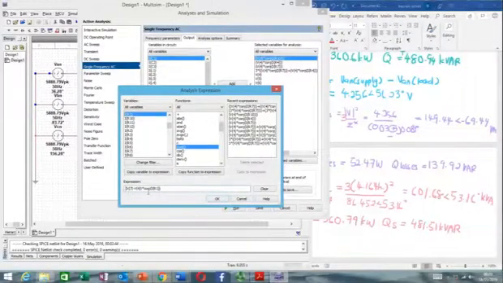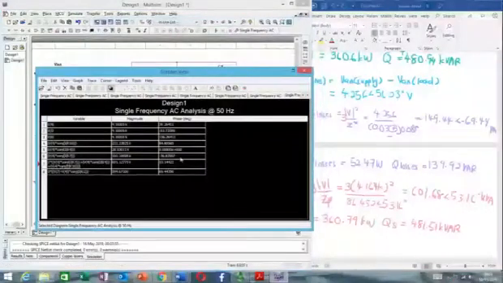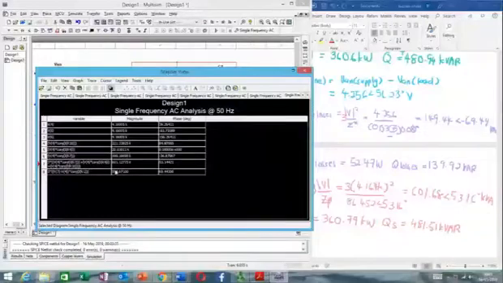Okay, so this one you need to multiply with 3 to get the three-phase value and total. Run, is it the same? Oh, it's big.